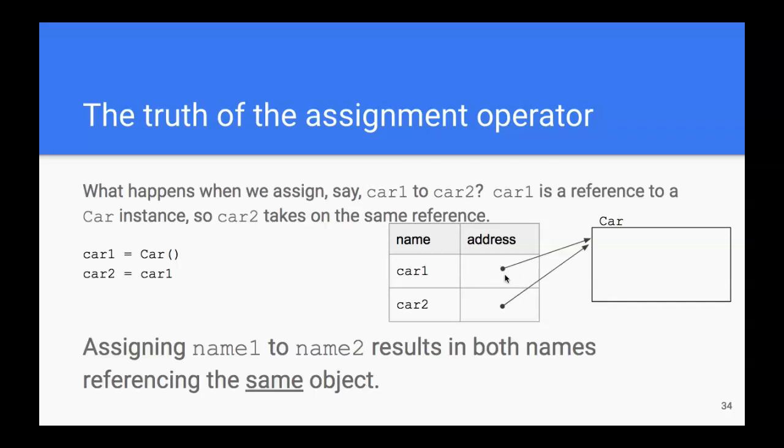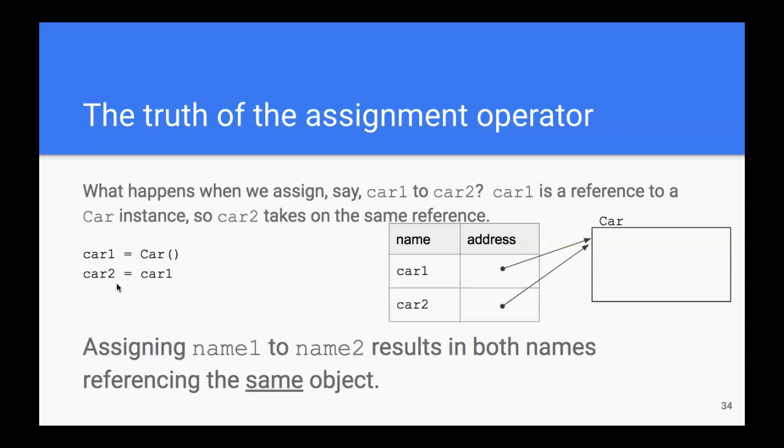Car1 itself is just a reference to a car instance. And so when it appears on the right-hand side of an assignment operator, this name is replaced with its address, which is a reference.